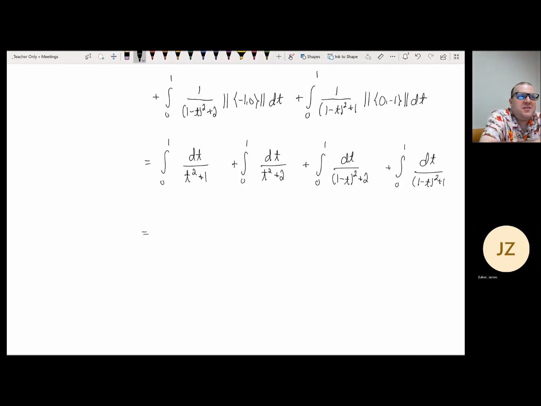Antiderivative of 1 over t squared plus 1. Not tangent.